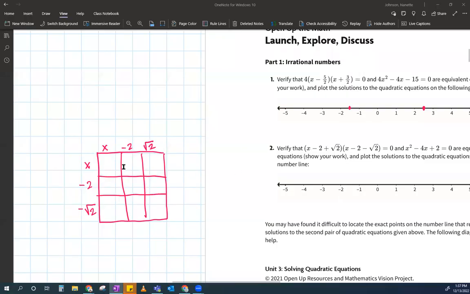Okay. So we're checking in and we're going to see if we can multiply this. And again, this is one of those things that looks really complicated, but it's not actually that horrible. All right, let's do it. X times X. Very good. X squared. X times -2. Very good. This one here, I write it differently than maybe some other teachers.